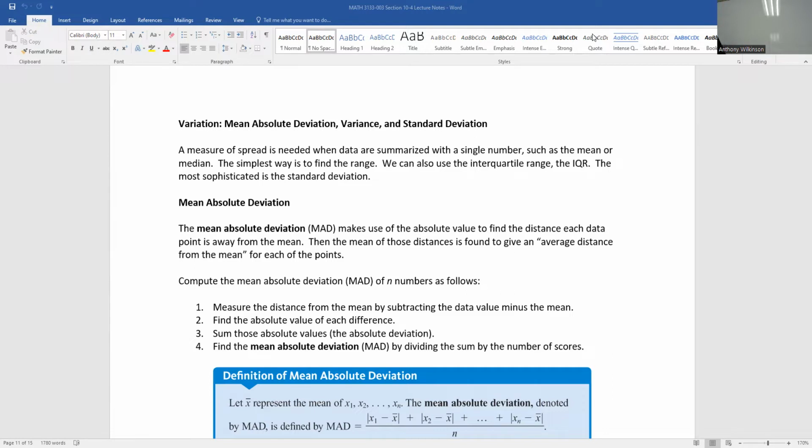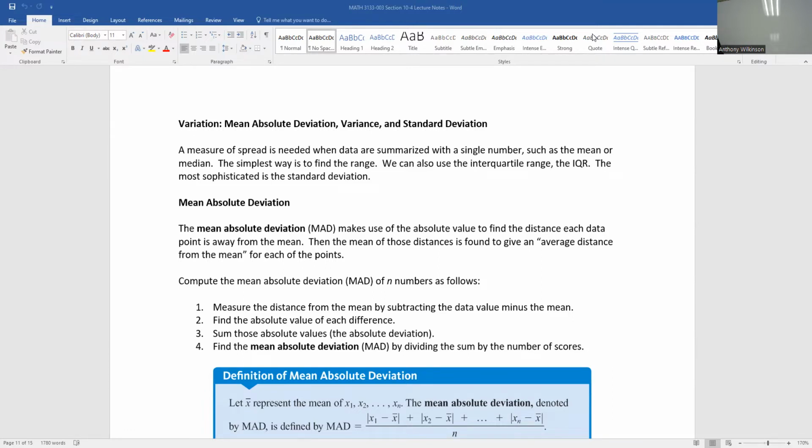An outlier is usually a value that is 1.5 times the interquartile range above the upper quartile, or 1.5 times the interquartile range below the lower quartile. Outliers are usually indicated with an asterisk or a dot.